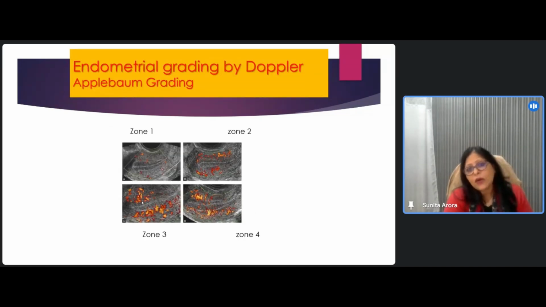Few people routinely also practice doing the bilateral uterine artery. That's a very good practice, but I usually go by the pattern, by thickness, by character, and the subendometrial flows going by Applebaum scoring. And I find this is good enough, unless there are very, very scanty flows, then I go on to the Dopplers also, which gives us a good correlation.